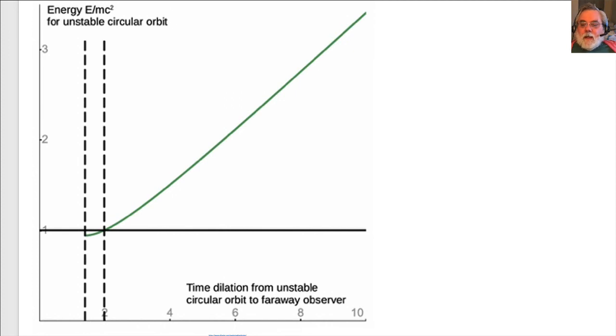For non-rotating black holes, we can get higher time dilations for the unstable circular orbits, which are closer in than the stable circular orbits, and so we get higher time dilation values. Here's a graph of time dilations horizontally versus energy vertically for unstable circular orbits of the non-rotating black hole. So now we can just pick out a time dilation value we want, and we can see what the energy is for that orbit. Nice as you please.